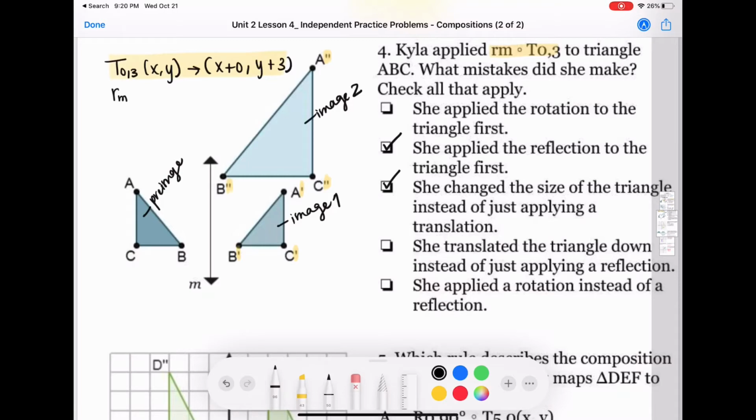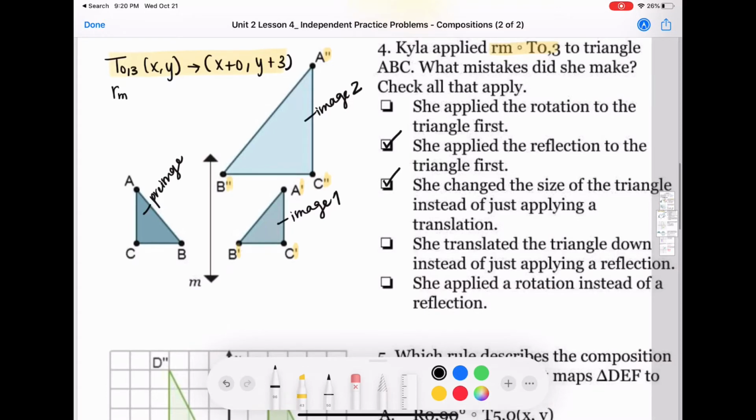Well, it doesn't look like she applied any rotation, so that is not an answer choice. She translated the triangle down instead of just applying a reflection. It doesn't look like in any instance she translated an image down. She applied a rotation instead of a reflection. Well, again, it doesn't look like she applied a rotation. So those are our only two answer choices. Let's look at the next problem.